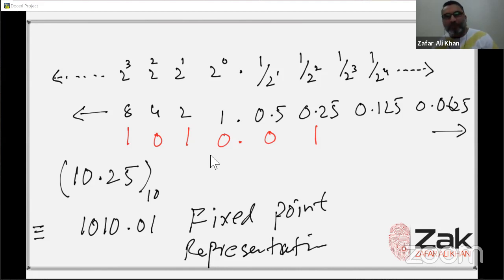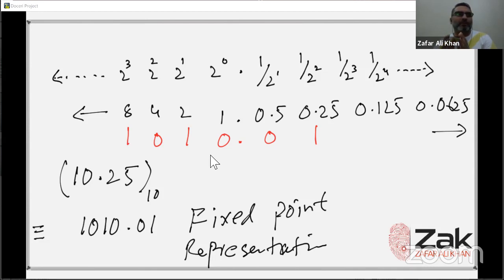This is a lousy form of fixed point representation. Actually, fixed point we are just using as a reference over here so that we could continue with our topic further. So whenever you are given a denary decimal number that we need to convert to its equivalent binary floating point number, or real number, we first convert that number to its fixed point representation, and then we convert it from fixed point to the floating point representation.